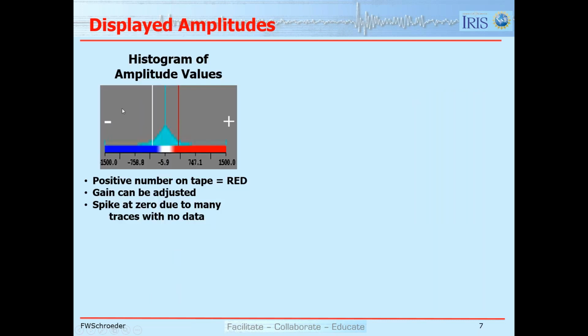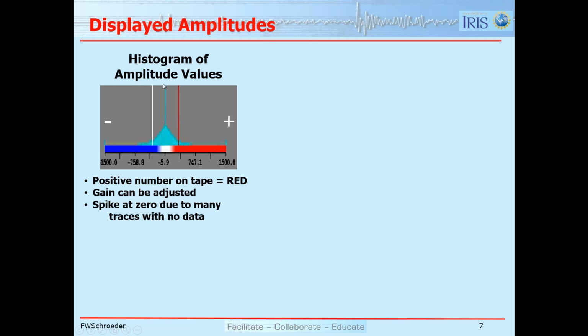We can display the amplitudes in different color bars. One that's popular is to have near zero reflection amplitude being white, and the negative values shades of blue, and positive values shades of red. So depending on the polarity, the blues would be perhaps an increase in impedance or a decrease in impedance. The reds would be the opposite.